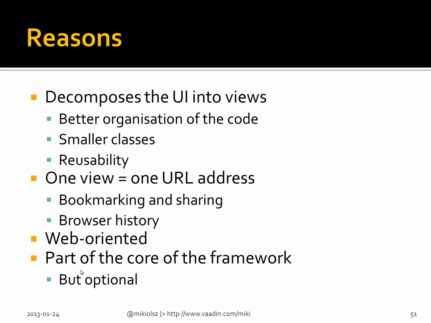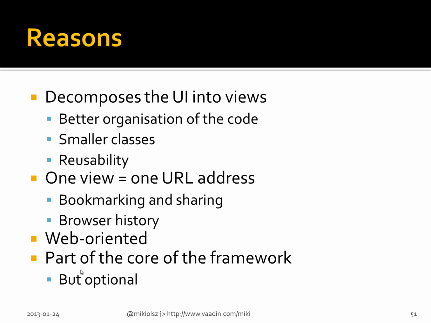Meaning that when we see something interesting on the internet, we add it to, for example, favorites, or we want to go back in history to see what page we visited. What Navigator allows us to do is to have that web orientation in our app. We can decompose the user interface into different views, and we can associate a view with a URL address. The user can bookmark it, can share it, it will be stored in the browser history.